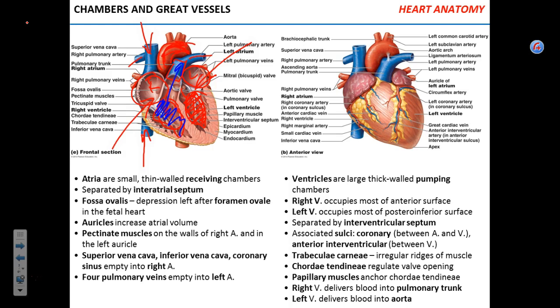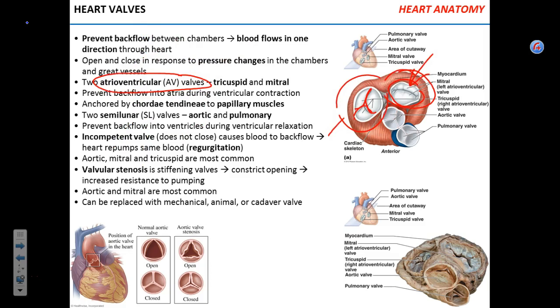In order to prevent backflow from those vessels back into the ventricles, aorta and pulmonary trunk are separated from ventricles by corresponding aortic, right here, and pulmonary valves. You can see them, pulmonary and aortic valves.